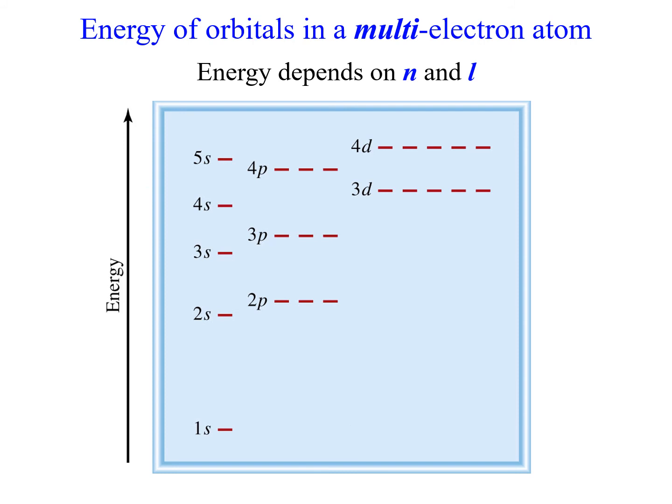The second is n equal to 2, because we're in the second quantum shell, and L is still equal to 0 because it's an s orbital. This one would still be n equals 2 because we're in the second quantum shell, and then L equals 1 because it's a p orbital, and the subshell is p.